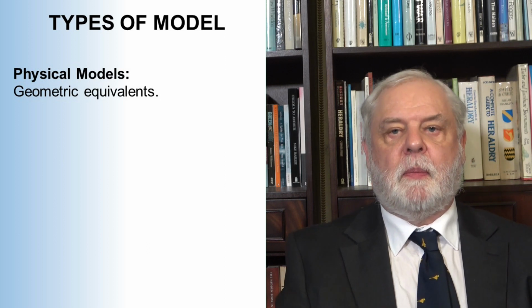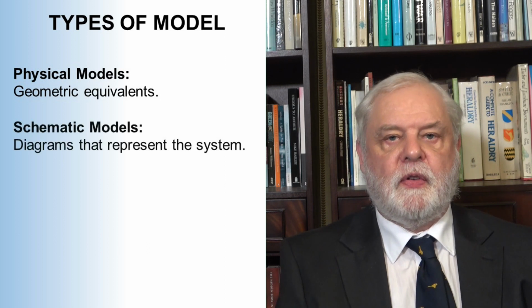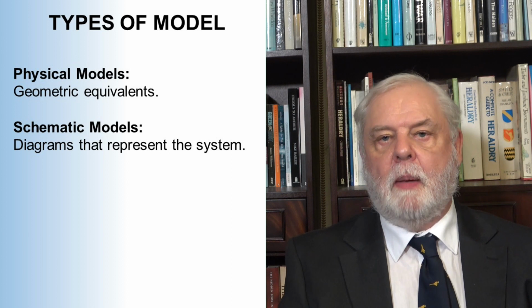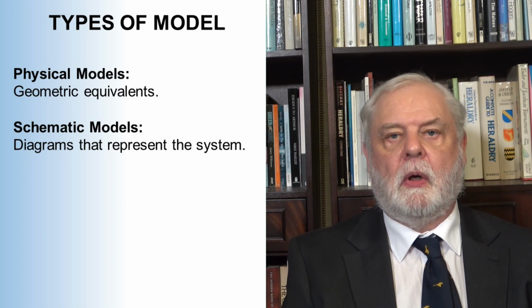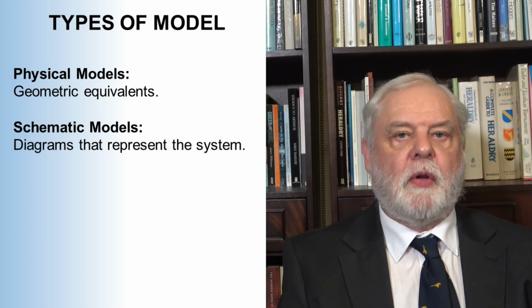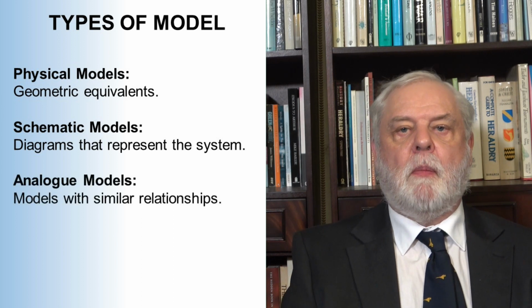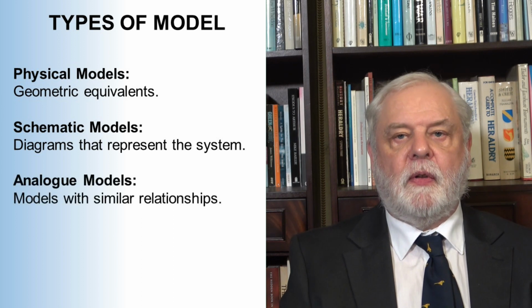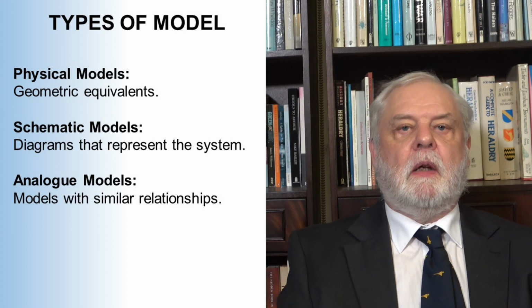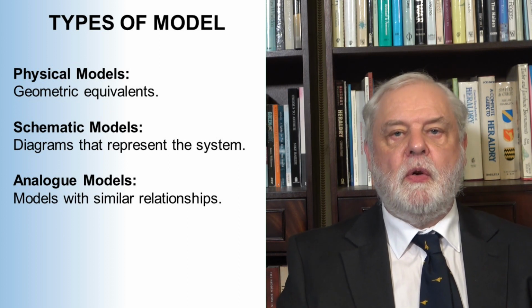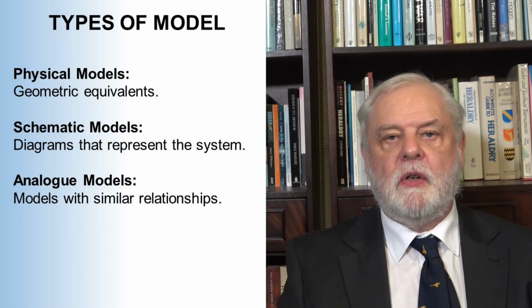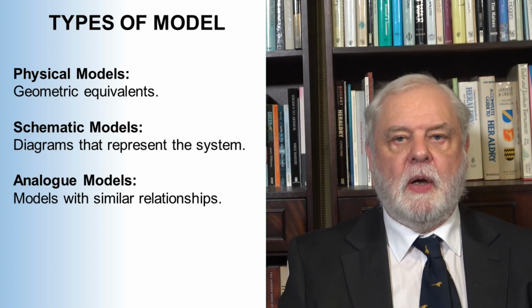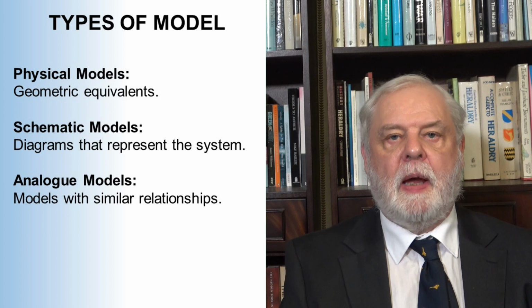Now, the same principle applies to those models that are not physical. For example, any diagrams or picture can be seen as a model. Another class of models are analogues. These are models that are not geometric equivalents but have some similar relationships. So here we're using one thing whose behaviour we understand to compare with something quite different, but we think might behave in the same way.